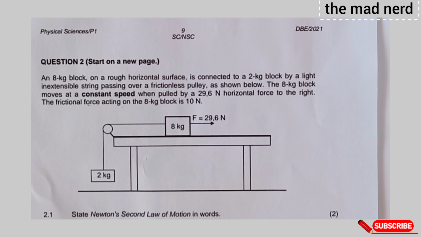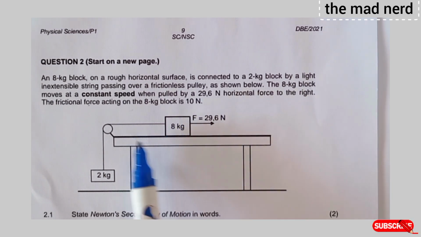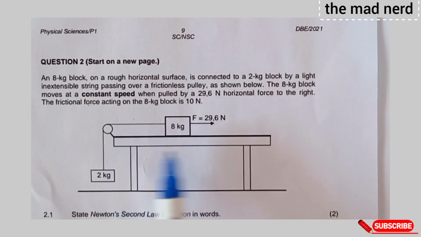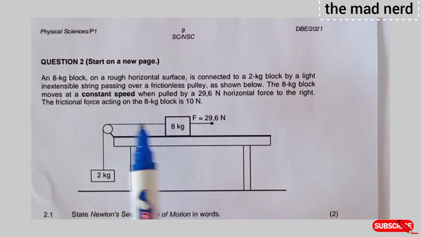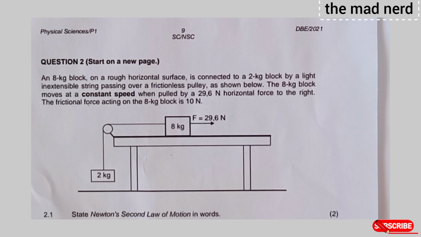The frictional force acting on the 8 kg block, which is on the rough surface, is 10 newtons.